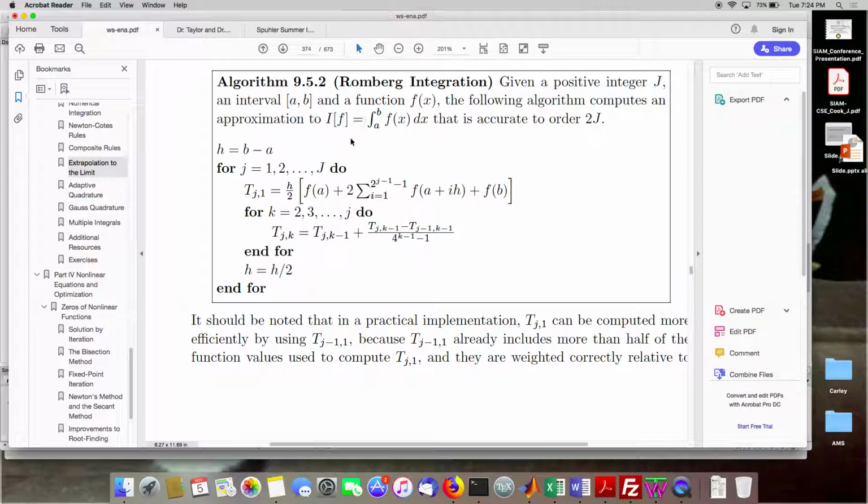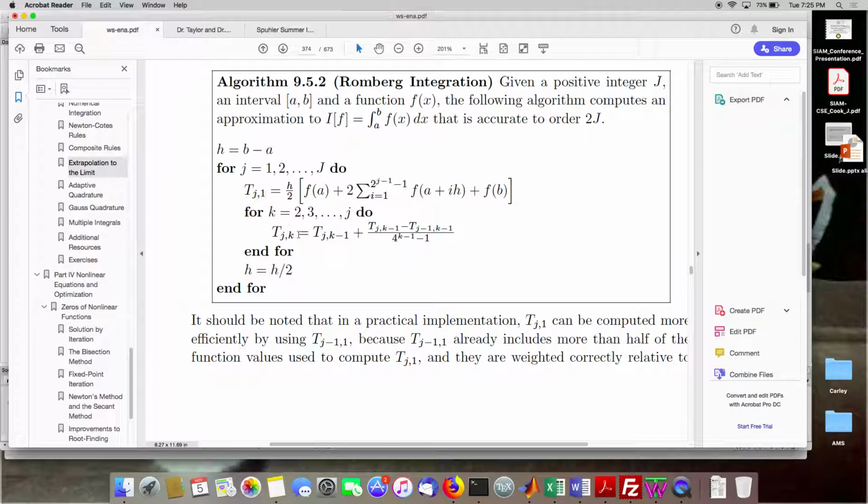Now, this is something that could be coded up in MATLAB. First, I want to point out the notation here. I'm computing a bunch of approximations, T_j1 through T_jk. In other words, it's like a matrix. I'm filling out a triangular matrix.